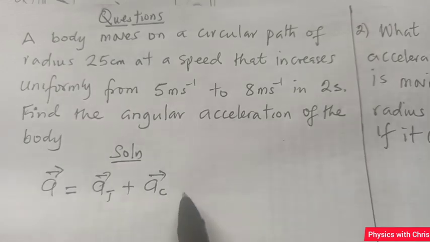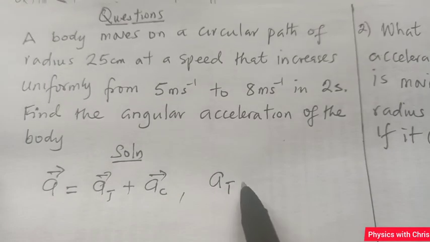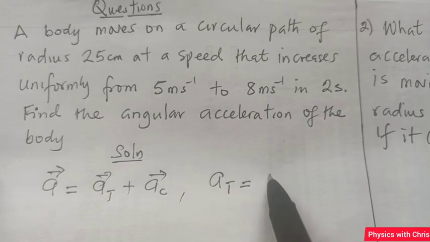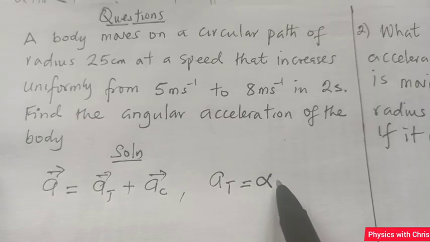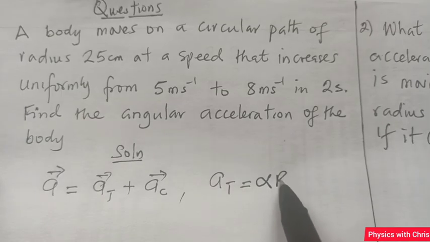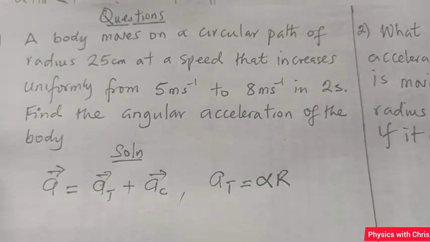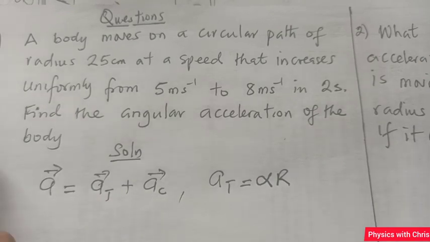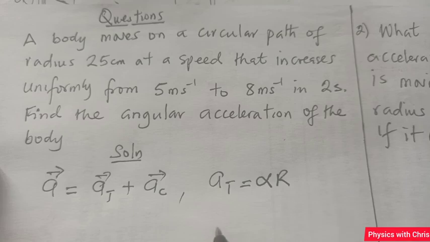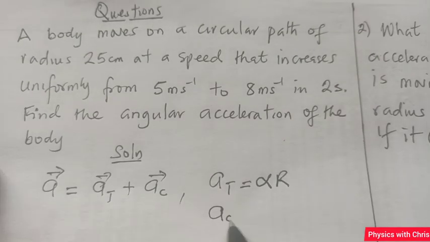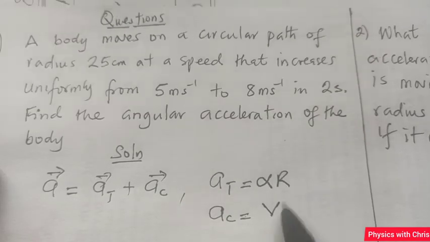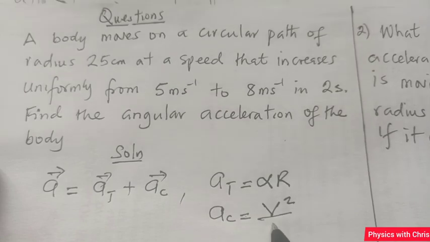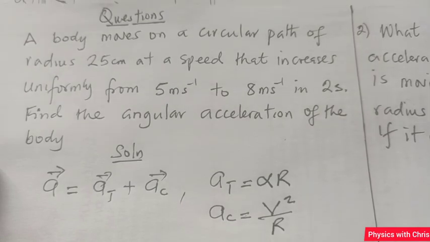The tangential acceleration is given by the angular acceleration multiplied by the radius of the circular path. That's the formula for calculating the tangential acceleration. And the centripetal acceleration is given by the constant speed squared over the radius of the circular track.